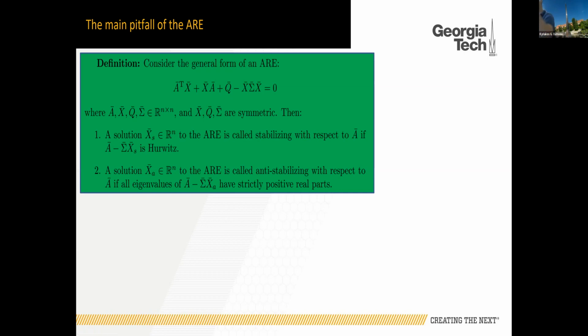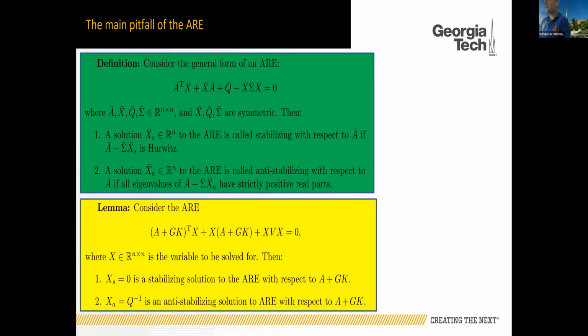So I have the stabilizing solution and the anti-stabilizing solution. What I want here is to solve for X, but I care not about the stabilizing solution but the anti-stabilizing solution, because remember I have this Q inverse here, and my algebraic Riccati equation does not have the constant terms.